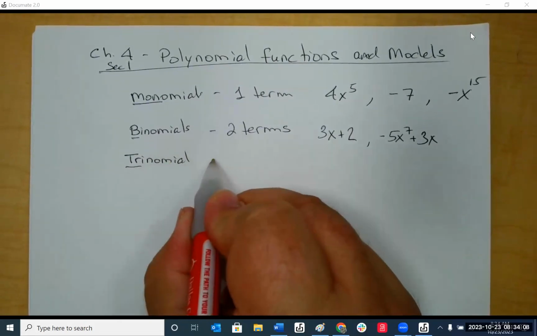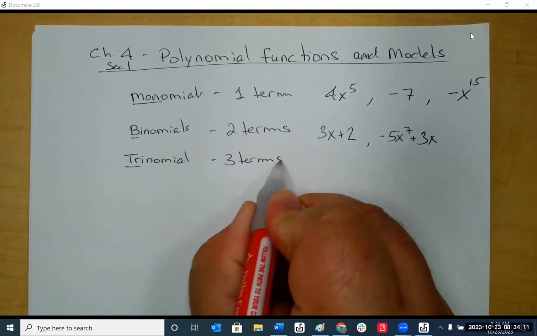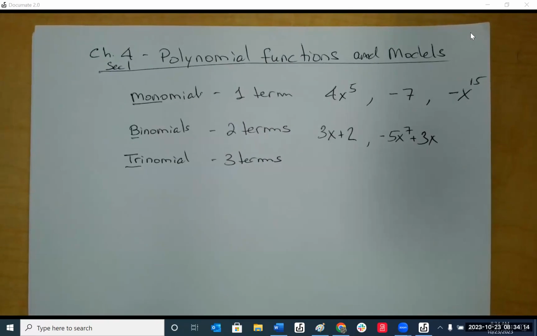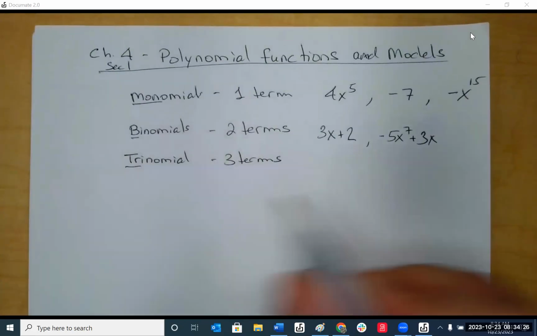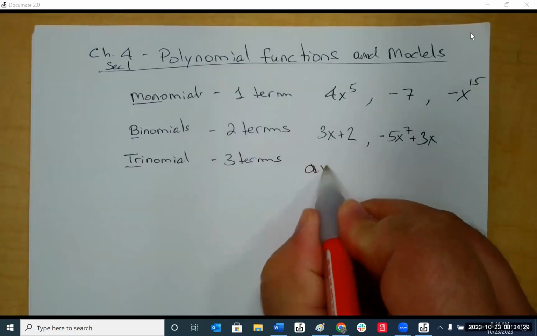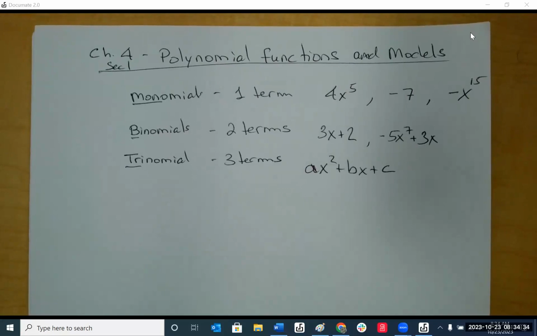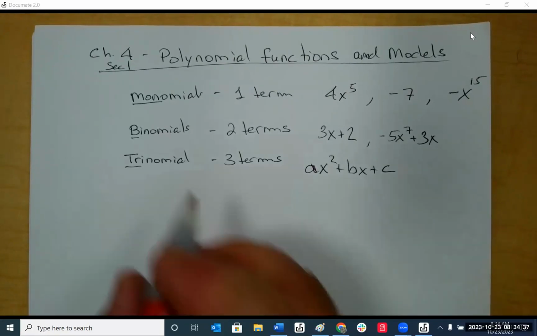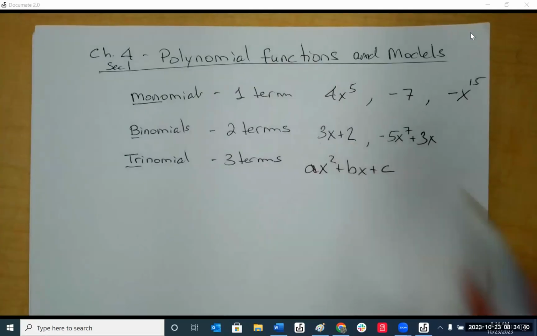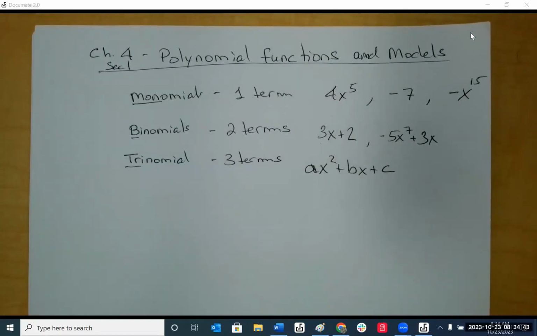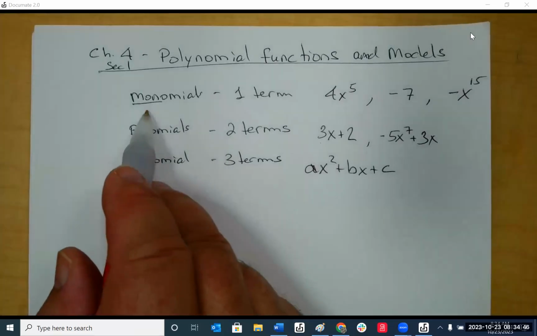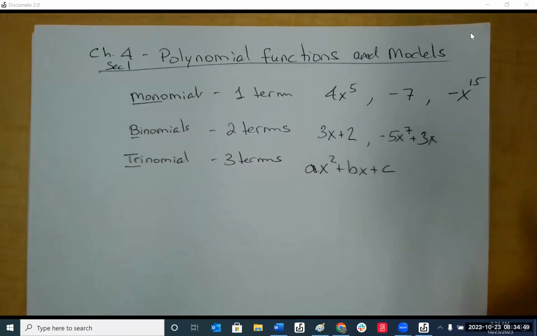A trinomial has three terms. That's an example of a trinomial, a quadratic equation. A binomial example is a linear equation, mx plus b. A monomial is an example of a constant or a single term.